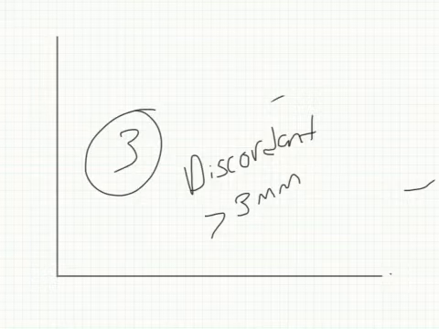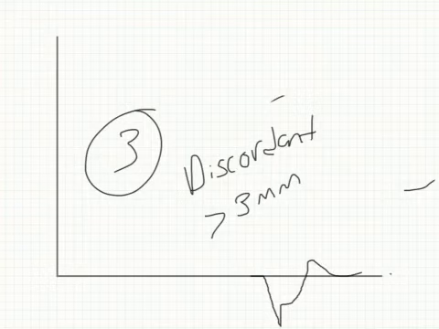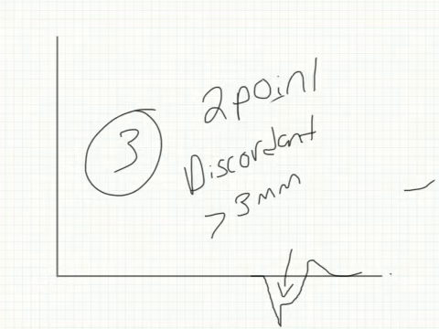And we'll draw out what that looks like. So we've got our negative QRS complex, and then we're coming up, and we've got that depression there. So if we see this, it's the third criteria. It's only worth 2 points. So those are the three criteria.